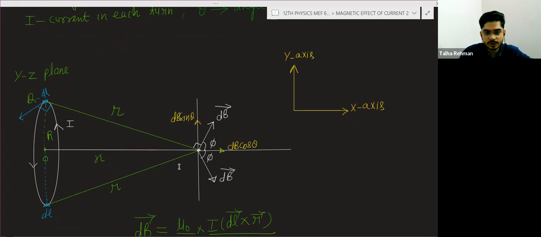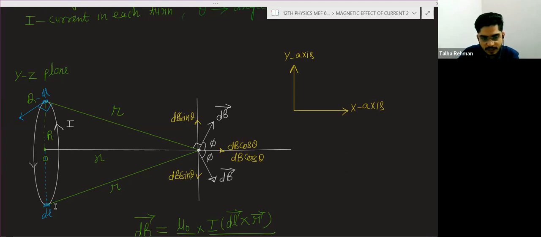So again, for this magnetic field in this direction, you will get dB cos theta as the component of this dB, and in this direction I will get dB sin theta. I am using the components of the vector.